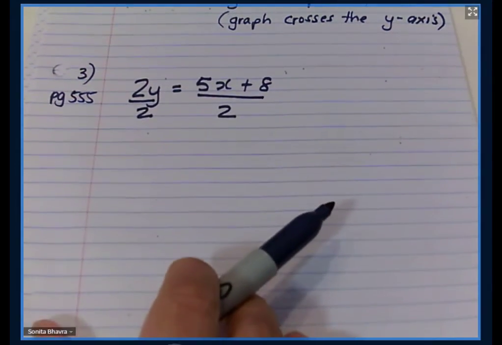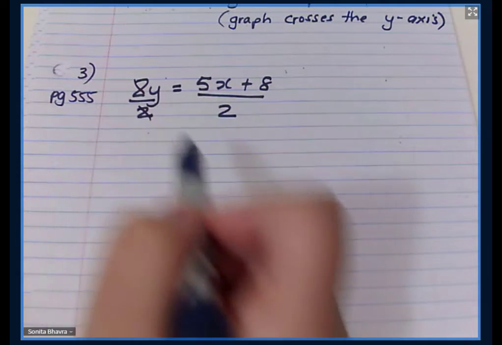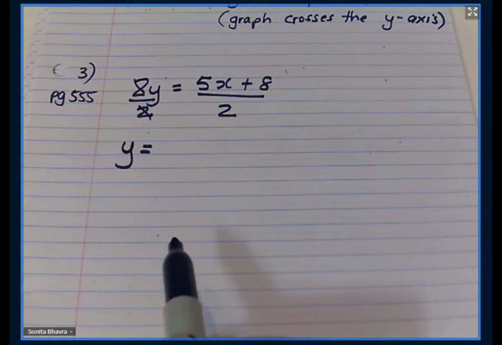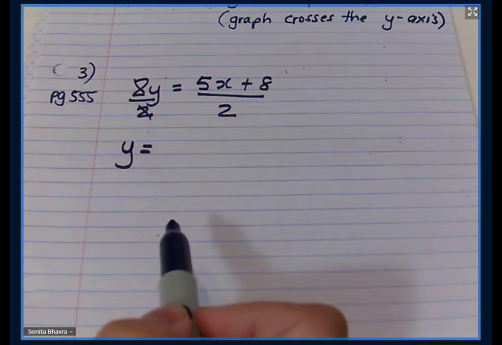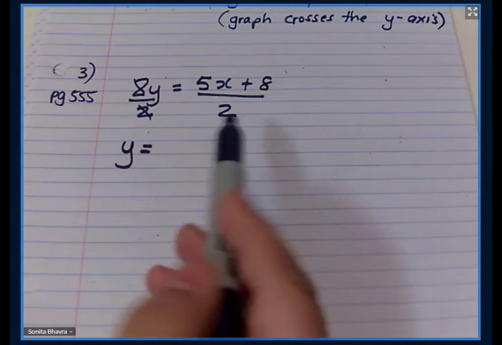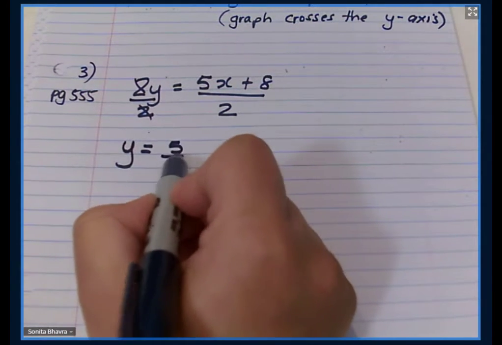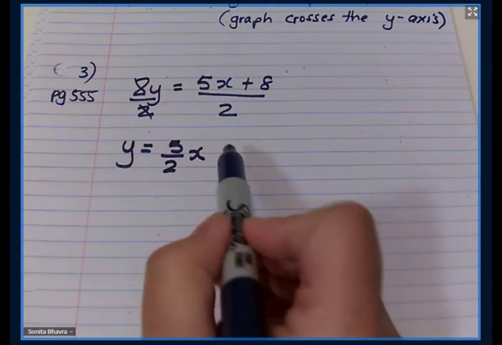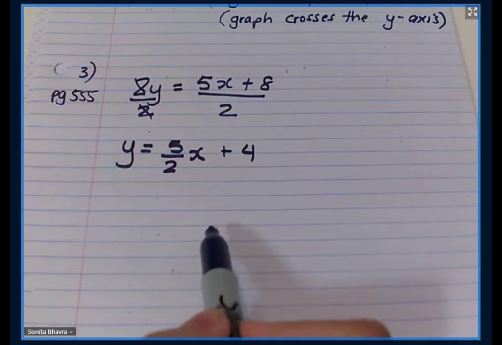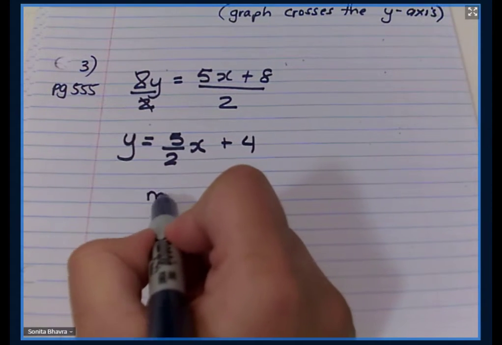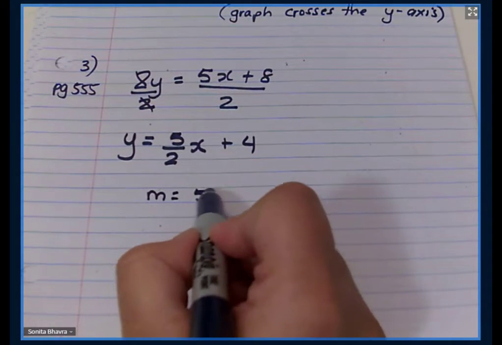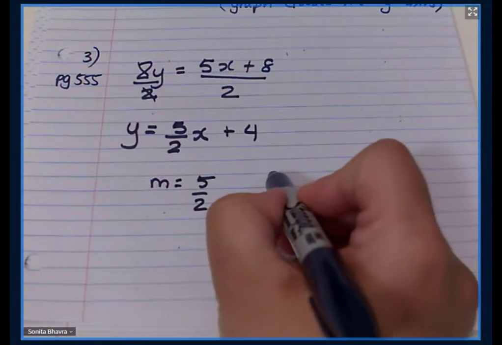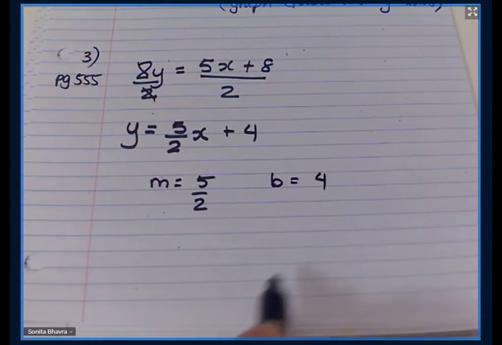Once we divide both sides by 2, we can now have our equation written in y equals mx plus b form. So 5x divided by 2 is just 5 over 2x, and 8 divided by 2 is 4. So now our slope, m, is 5 over 2, and our y-intercept, which is our b, is equal to positive 4.